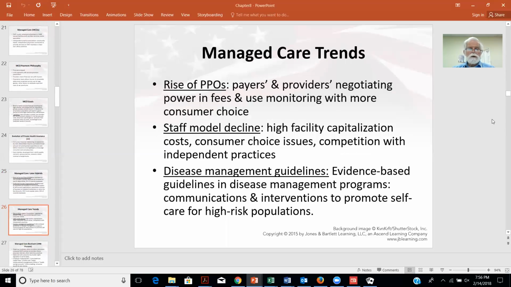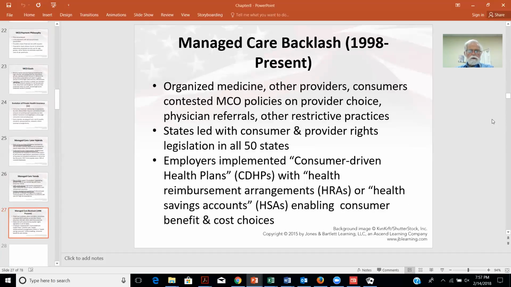This covers quite a few people. Various programs have been tried. PPOs have become more common. We try to look at disease management as opposed to treatment, using again scientific data, evidence-based.